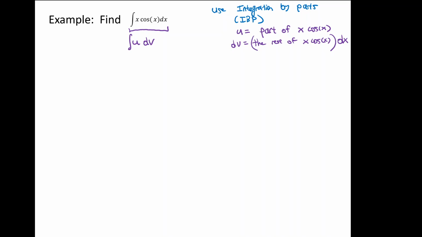u will be equal to part of the integrand, so either x or cosine of x in this case, and dv will equal everything else that we did not include inside u, and then that multiplied by dx, which indicates just the integration variable. Okay, our formula for IBP is that we have integral of u dv equals u times v minus integral of v times du.